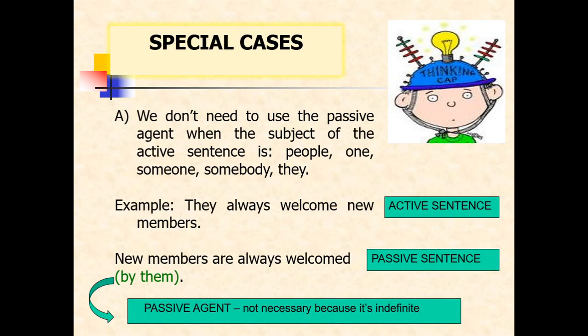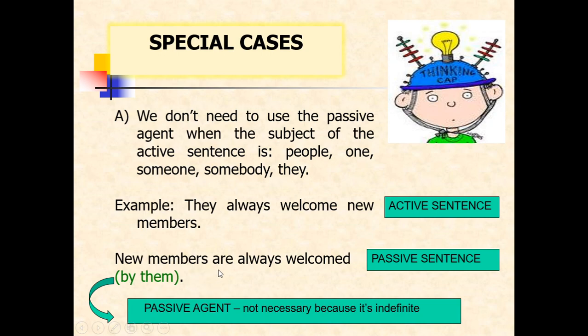There are some special cases. We don't need to use the passive agent when the subject of the active sentence is people, one, someone, somebody, or they. For example, they always welcome new members. This is an active sentence. And when we transform this sentence into the passive, it sounds like this.